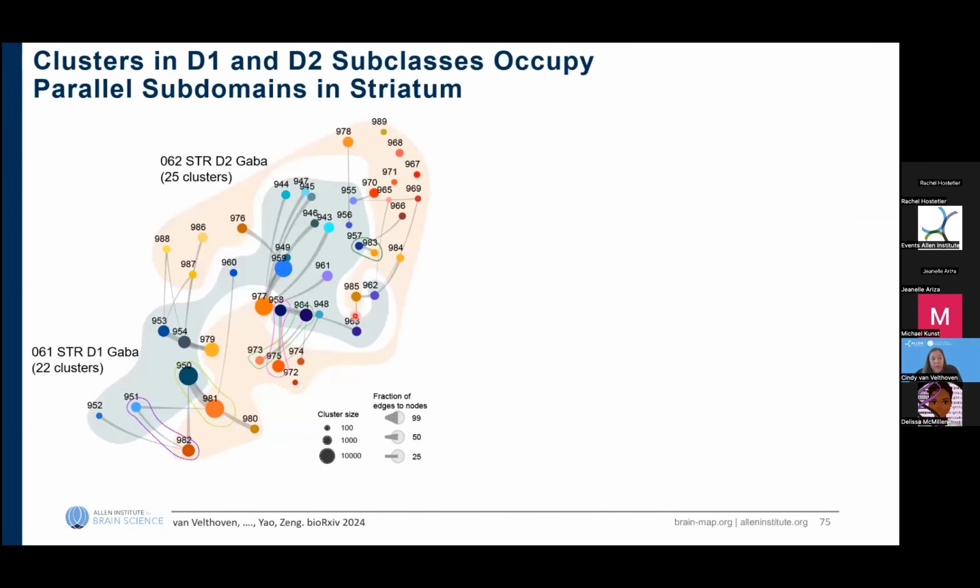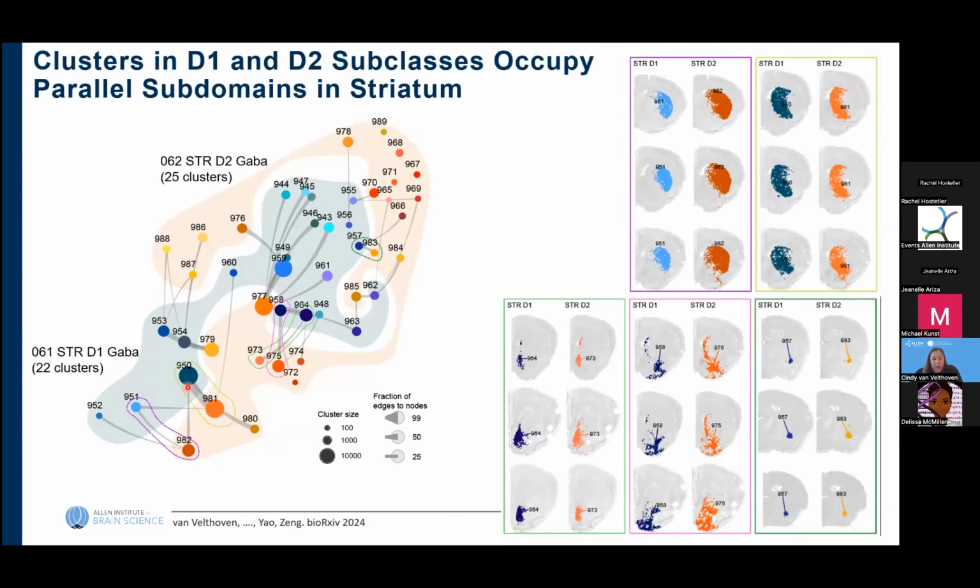Other ways that we use the data are shown here. For example, this is a similar constellation plot as in the previous slide, but now it's specifically looking at pairs of types. This is showing the MSN types in striatum, D1 and D2, and it's looking specifically at pairs of D1 and D2 types.